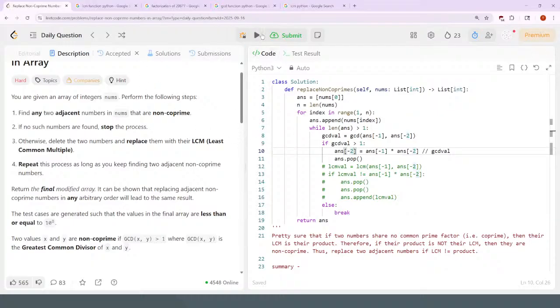So like somehow track the prime factors of every value in the answer array, so that you can merge the numbers.